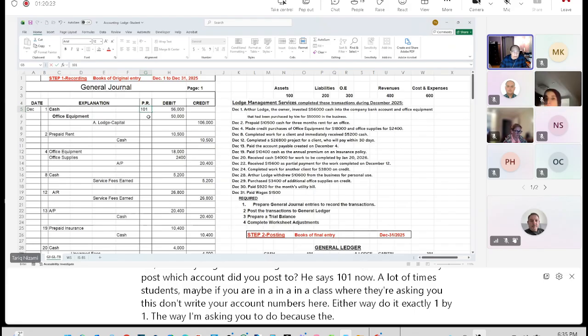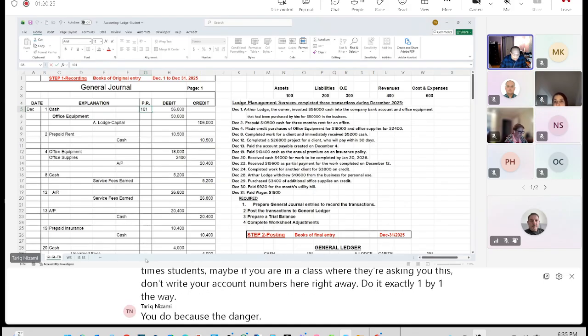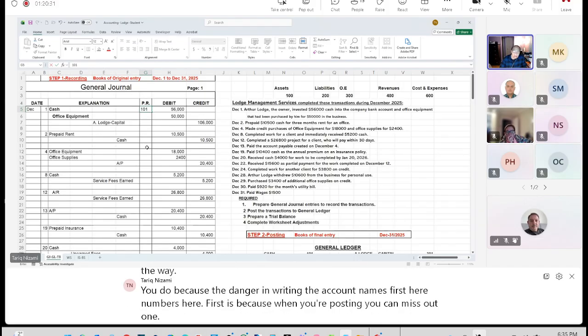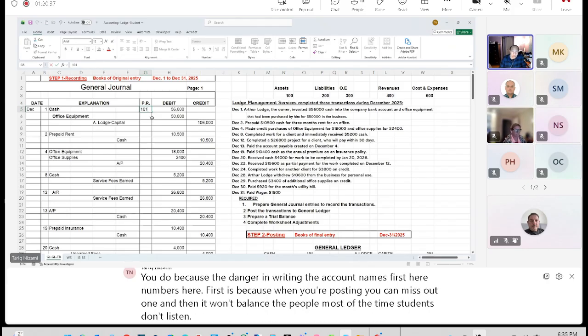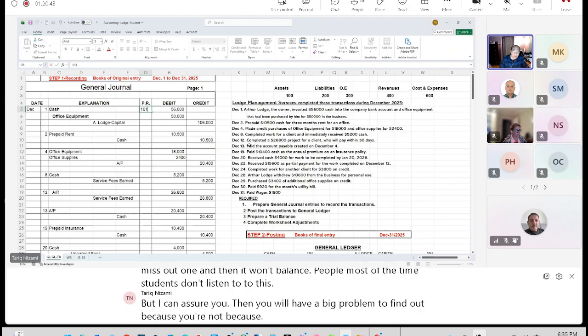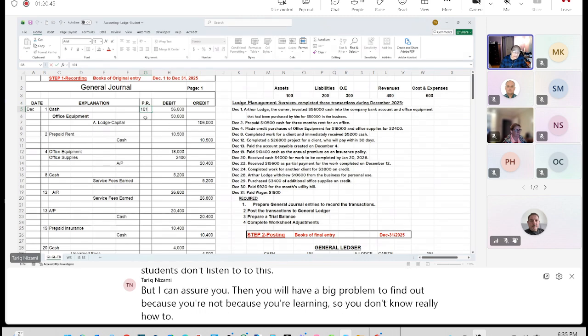Because the danger in writing the account numbers first is that when you're posting, you can miss out one and then it won't balance. Most of the time, students don't listen to this, but I can assure you, then you will have a big problem to find out where that can be, because you're learning, so you don't really know how to find it. So next one is office equipment.